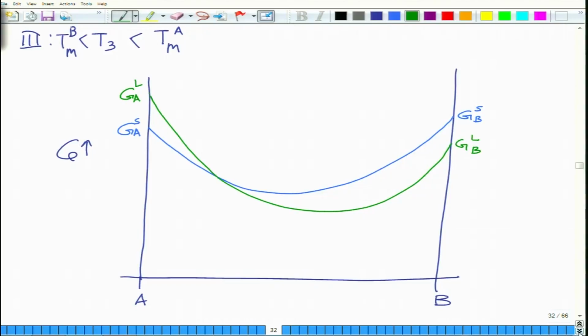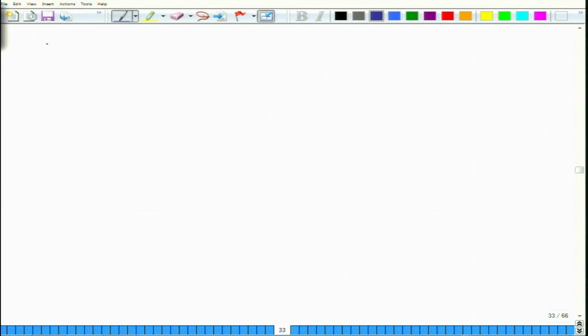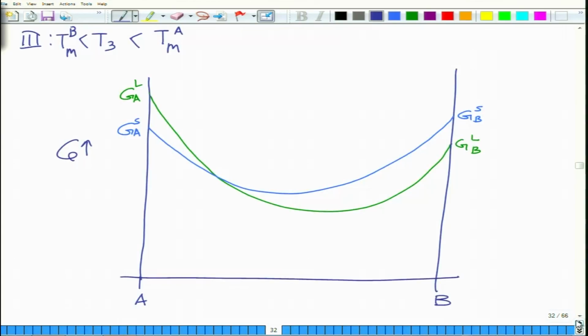Let us now take it further at T4. T4 is smaller than T3, but is still bigger than TmB. So in this slide, we now draw a common tangent, using the same principle that we applied earlier.